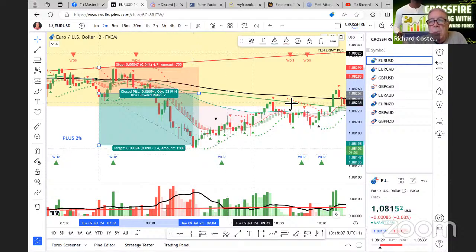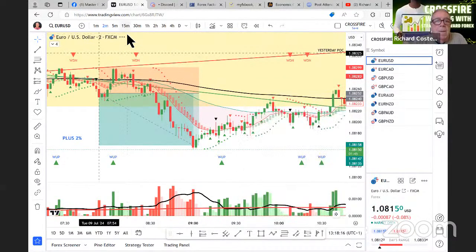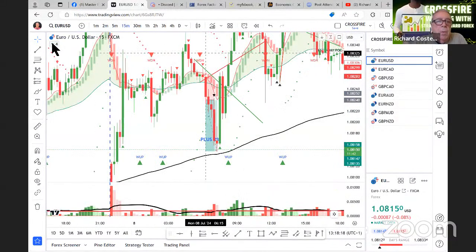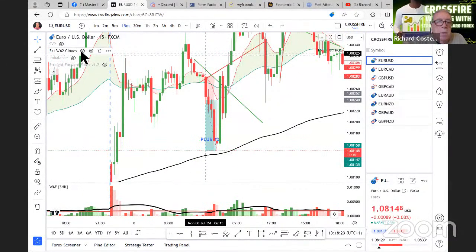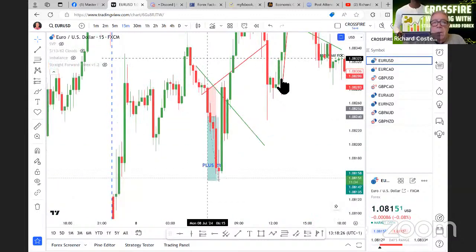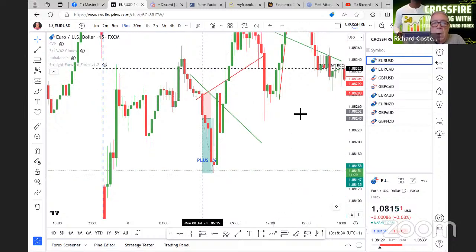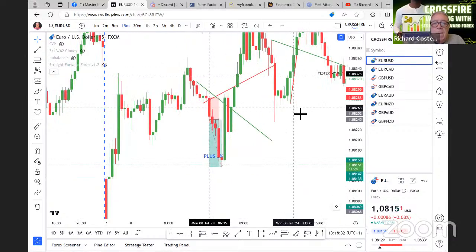Okay, so I'm going to now have a look at this afternoon's session. I'm going to go back up to the 15-minute chart. I'm going to remove those 3 indicators, 1, 2, 3, and I'm going to zoom in to where my trend lines are.